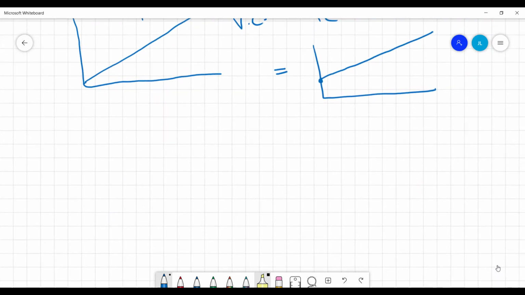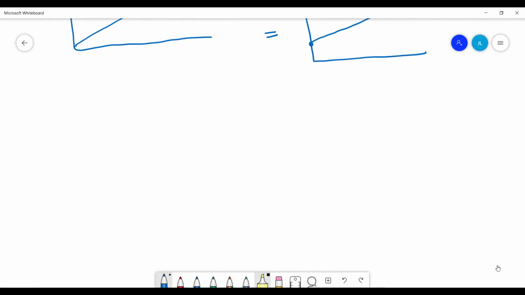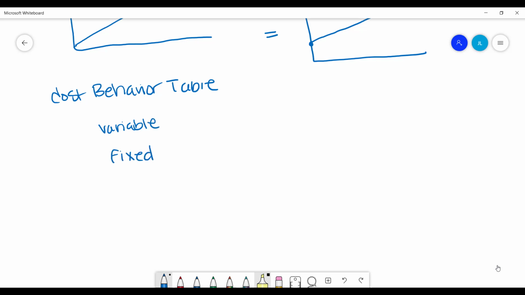So one thing that we're going to be tested on throughout this class over and over again is our cost behavior table. Okay, so we have variable cost and fixed cost. I'm going to try my best to make this look somewhat neat.